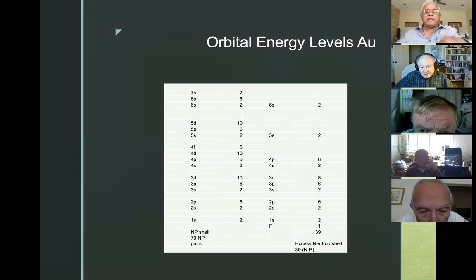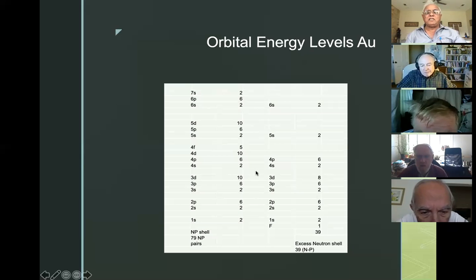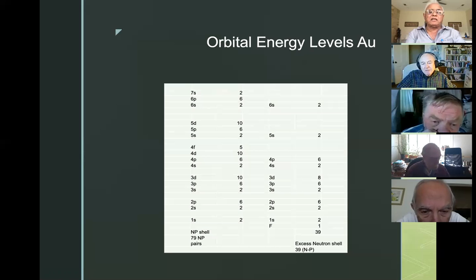And that is what I have done here. From this we can deduce that the spin of the whole system is 3.5, because this is 2.5, and here we get another 1 from this excess neutron cell. So the total is 3.5, which matches the experimental results.